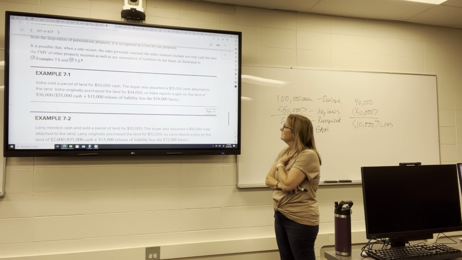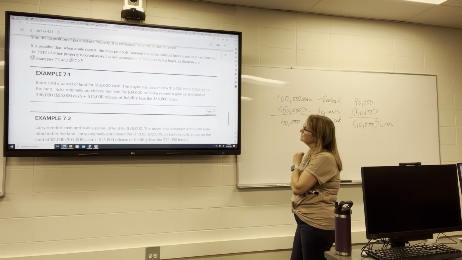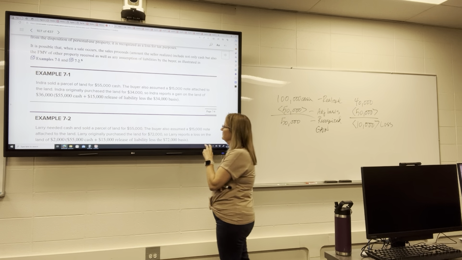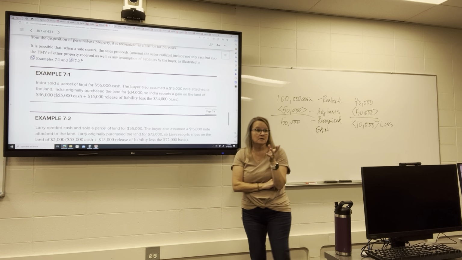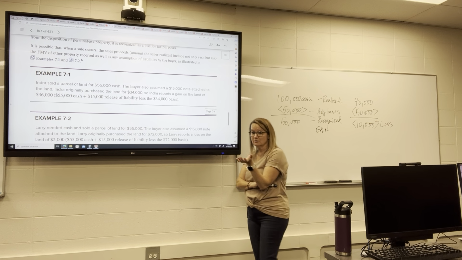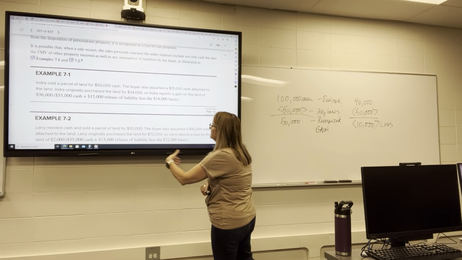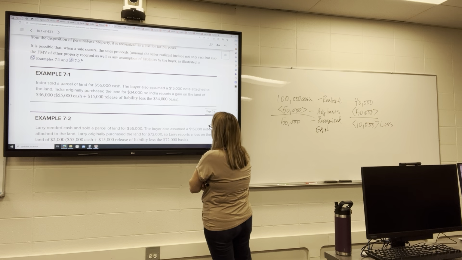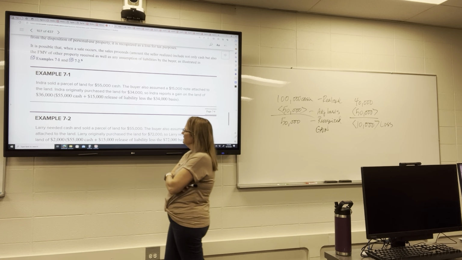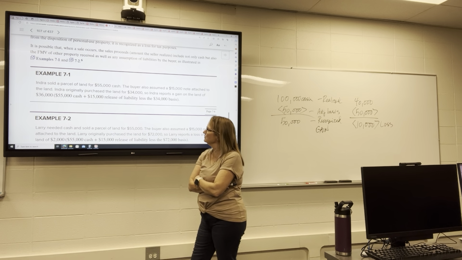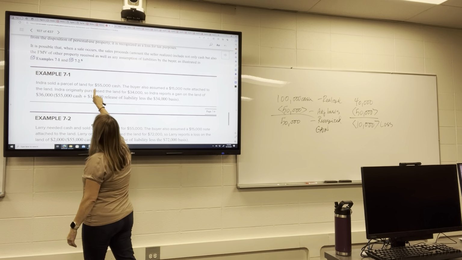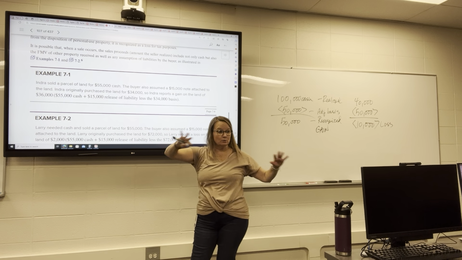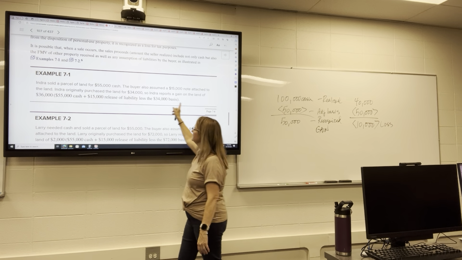So here we've got Indra sold a parcel of land for $55,000 of cash. The buyer also assumed a $15,000 note attached to the land. She had originally purchased the land for $34,000. It's land, so its basis isn't going to change, right? Unless you buy more land or sell some of that land. So her basis was $34,000. The gain on the land is going to be $36,000, and what we would do is add together the cash that she received plus the liabilities that she no longer has to pay, that she's released from.